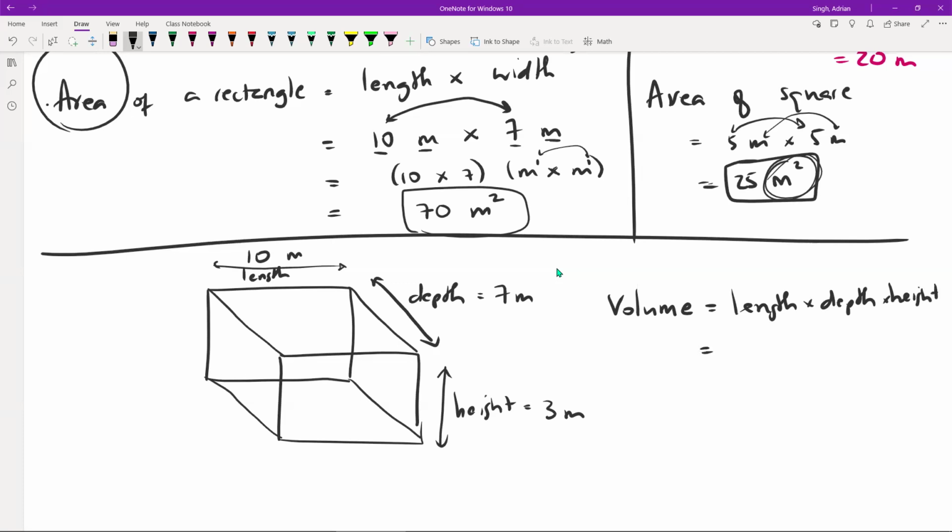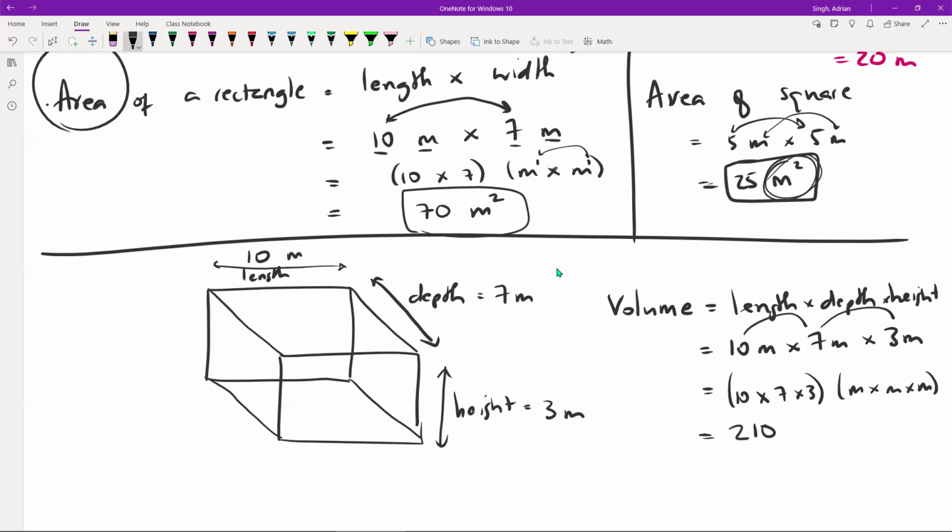Okay, so the length, we have 10 meters. The depth there is 7. And then we have 3 meters. So again, we multiply the numbers 10 times 7 times 3. And then the units, meters times meters times meters. So 10 times 7 is 70. 70 times 3, that's 210.